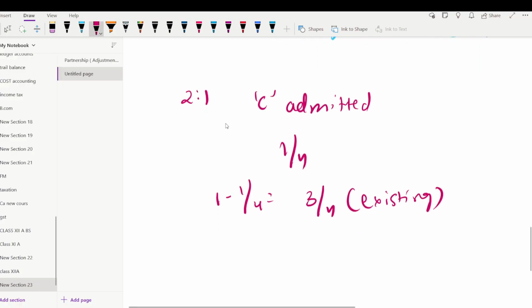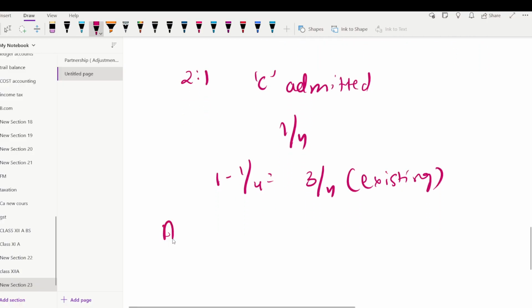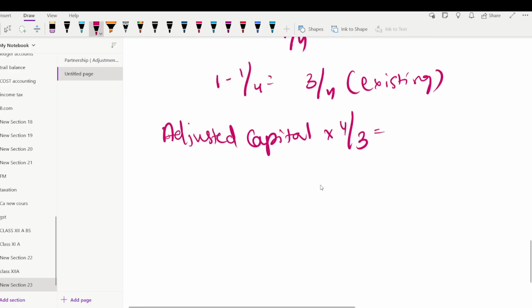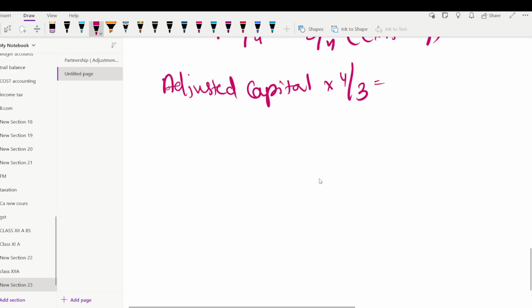So we will make the adjusted capital, the same as in change in PSR. Only a small change: we will write 4/3, so that we will get the total capital of the firm. For that we get the adjusted total capital required, plus we add the cash required to be brought by the partner, then we get the total capital of the firm.